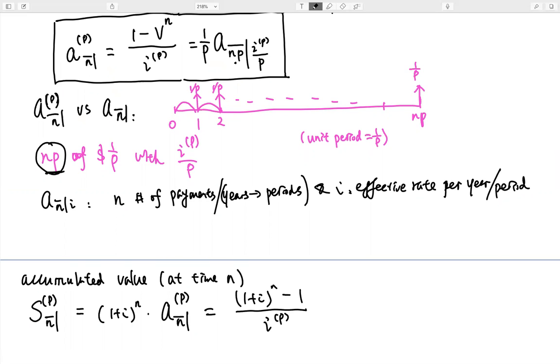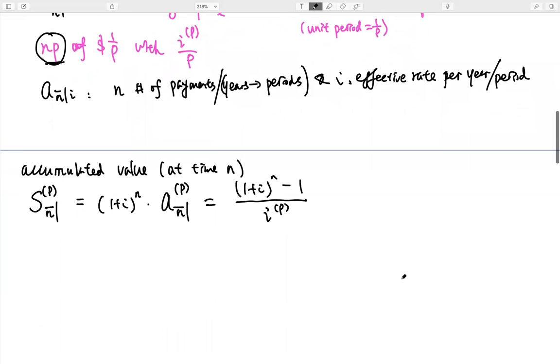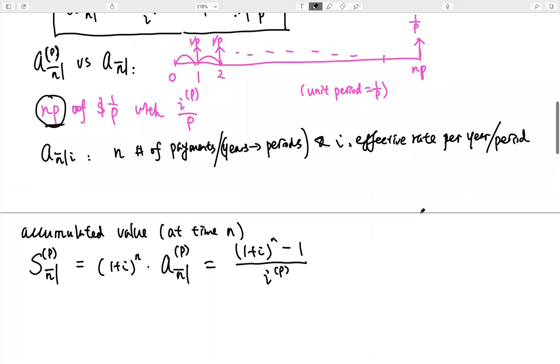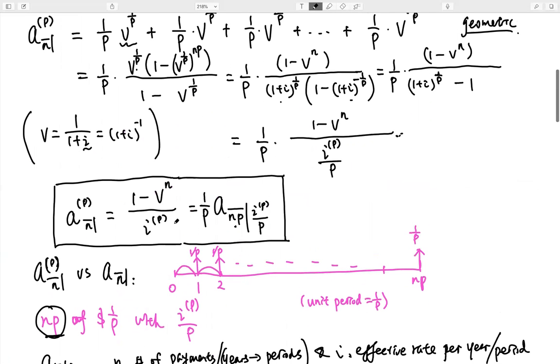Now, I really don't encourage you to memorize any of the formulas, but in case you really want to, if you look at this, everything looks pretty much the same as what we used to have, except this part. Remember previously, for a standard annuity immediate, you divide by i. For annuity due, you divide by d. If you have a continuously payable, you divide by delta. Now we are in the world of piecewise payment, so you divide by i upper p.